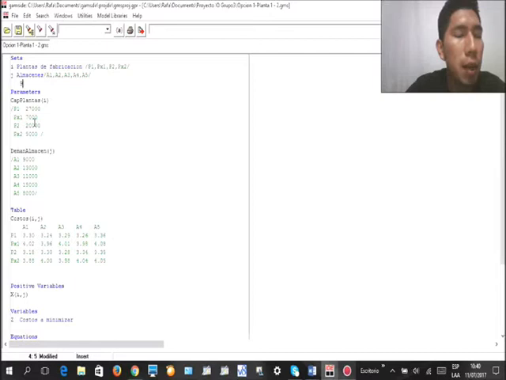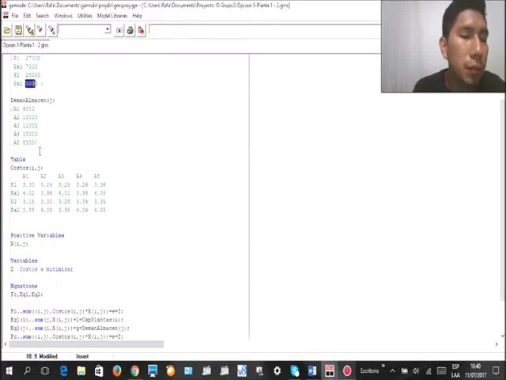In plants, P1 is 27,000, P1' 7,000, P2 20,000, and P2' 5,000. In limits of each warehouse, A1 9,000, A2 13,000, and others.